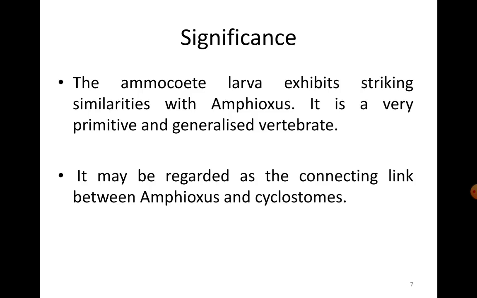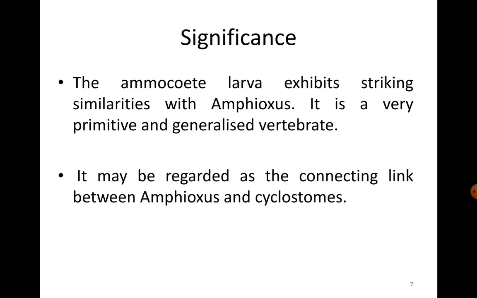Since it gives us an idea of how a vertebrate structure looks, and because of this resemblance, it also acts as a connecting link between Amphioxus, which is a cephalochordate, and cyclostomes.